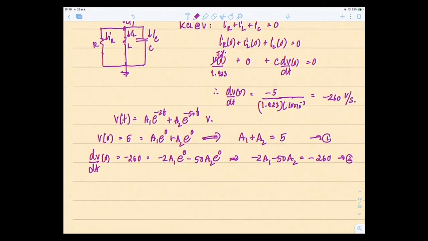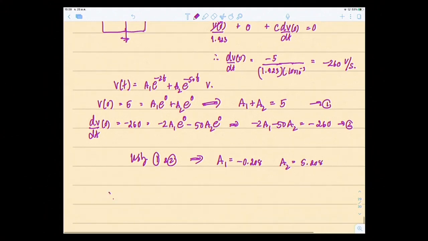Using both equations, you can use Cramer's rule or whatever to solve for A1 and A2. A1 is equal to minus 0.208, and A2 is equal to 5.208.